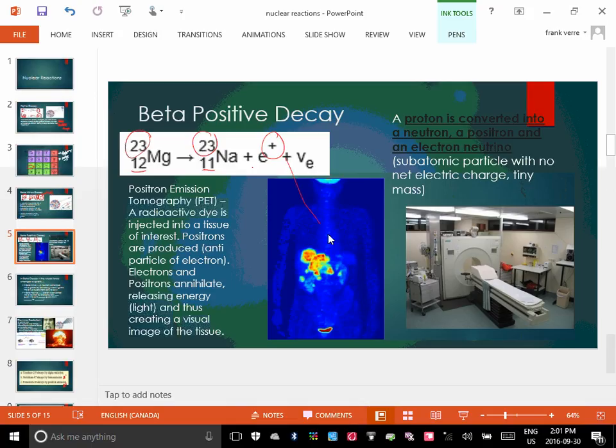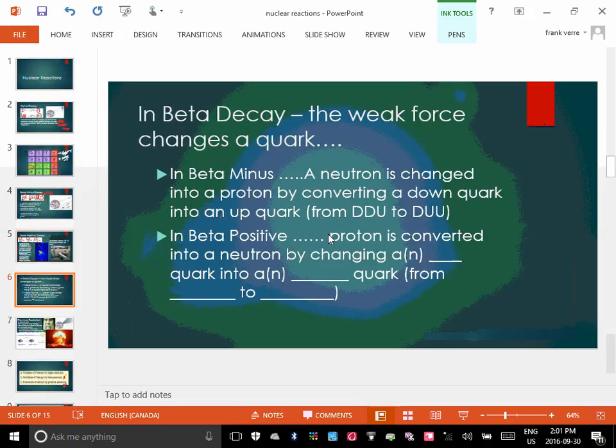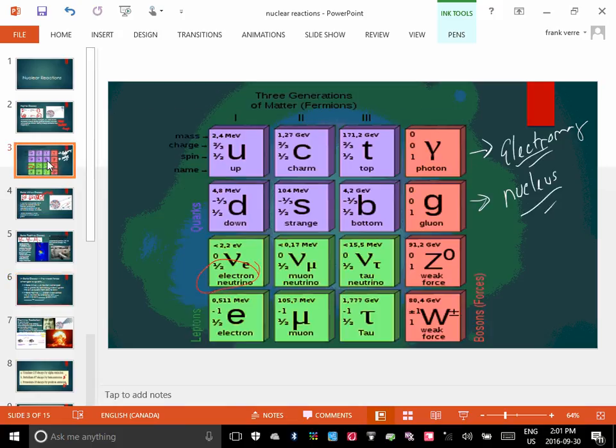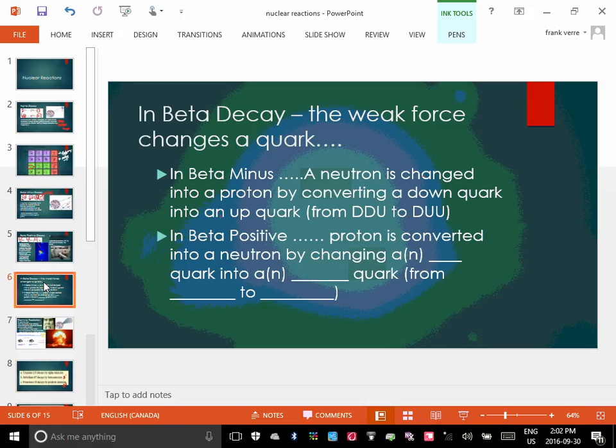So if you think about what's happening in beta decays: in a beta minus decay, a neutron gets changed into a proton. Now, remember, protons and neutrons are made up of quarks. A proton is how many up quarks? 2, and 1 down quark. And a neutron is the opposite: 2 down quarks and 1 up quark. So what the weak force does is change a neutron into a proton by converting a down quark into an up quark.